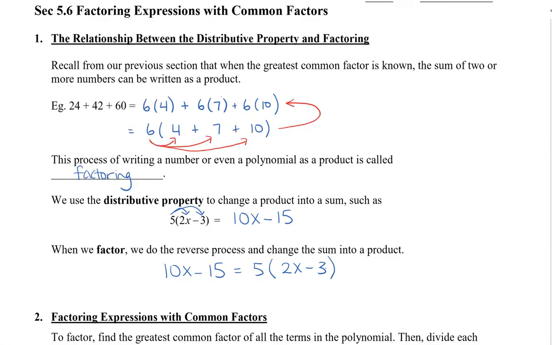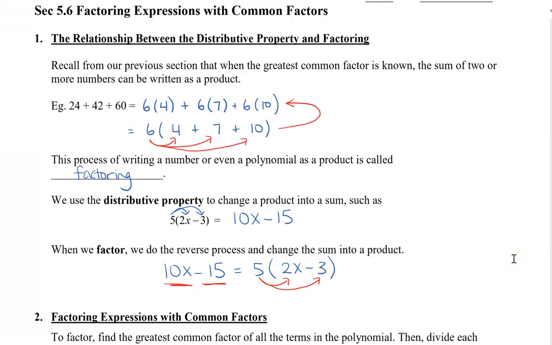So you'll find that factoring might be a little bit more difficult because we have to divide. But after you've done the factoring, check it by multiplying the number back in. So if I go 5 times 2x, I get 10x, which is what we start with. And then 5 times negative 3 is negative 15. So I now know that I factored this correctly.